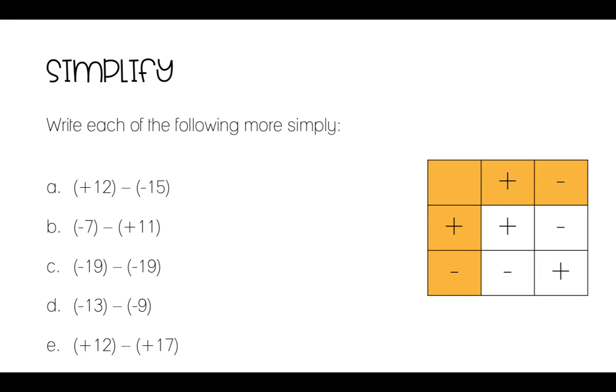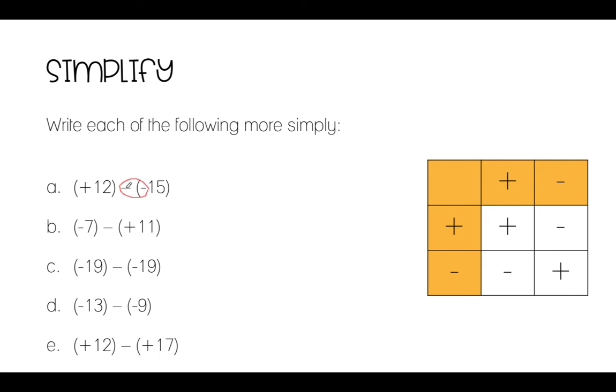Okay, so now we can practice simplifying using those little rules that we've just made in that table. And I've popped the table over here so that if we get confused, we can simply look back at our table. And I'm just going to grab a pen so that we can draw as well. So here we have positive 12 take away negative 15. So we've got our two symbols here.